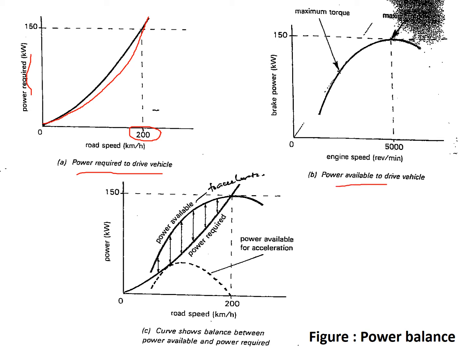And the power available to drive the vehicle: you can see at an engine speed of 5000, this is the brake power, and here will be the maximum power of the engine, and usually below that you will find that the maximum torque that the engine can produce is below the engine speed at maximum power.